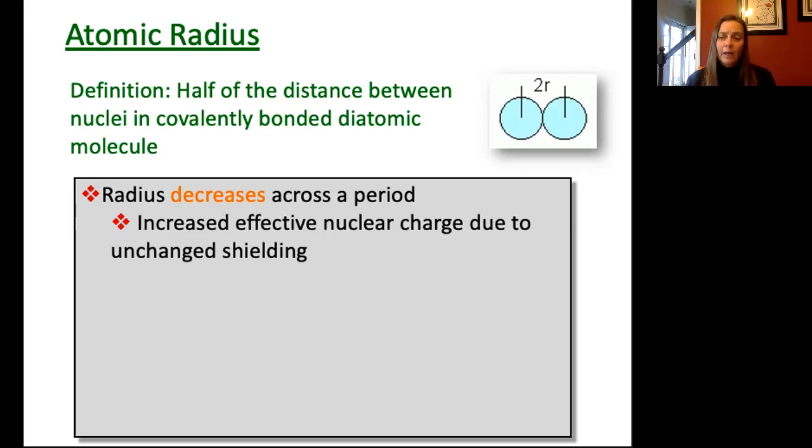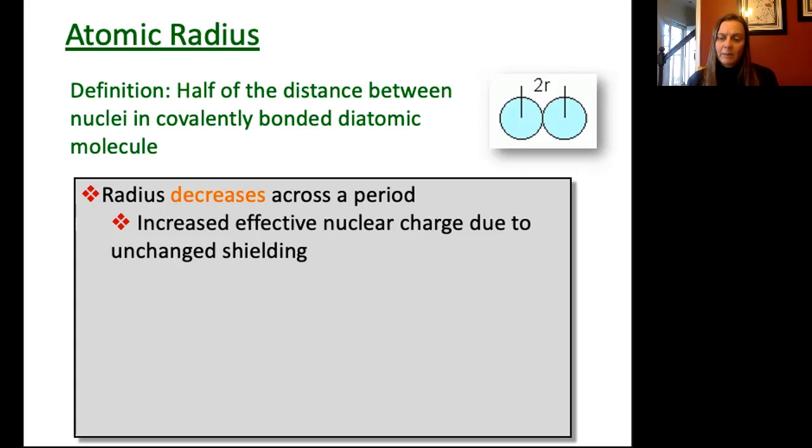And so the nucleus, as we're adding protons, is gaining in charge. And there's no additional electrons between those outermost, those valence electrons, and the center. And so although we're adding more stuff, we're also increasing attraction because we have more protons and more electrons, and they're being pulled together more.